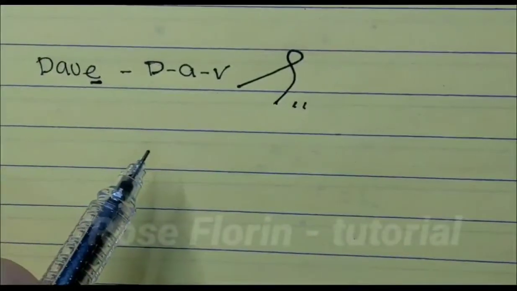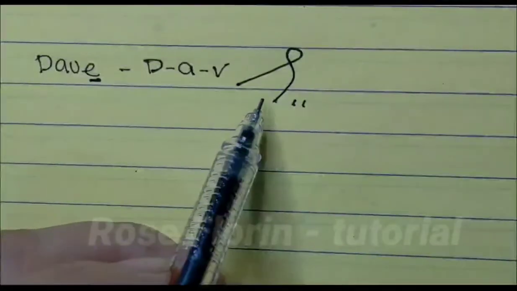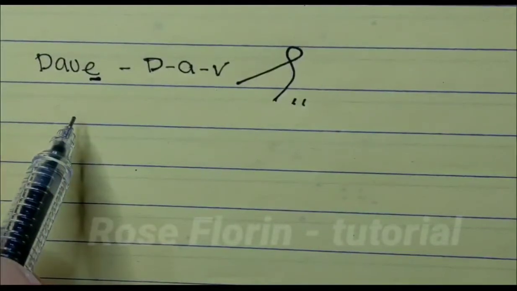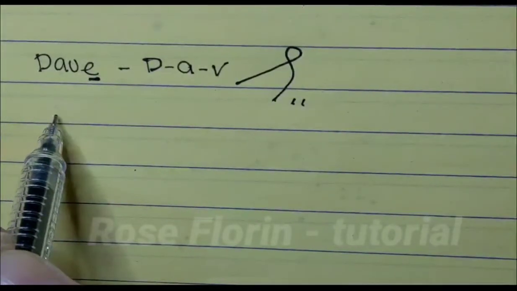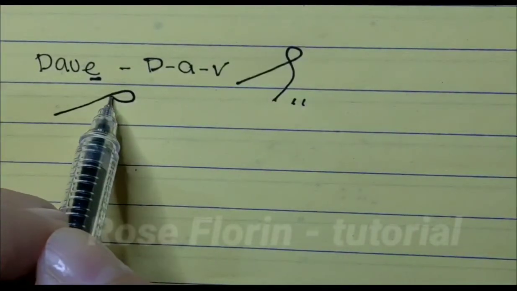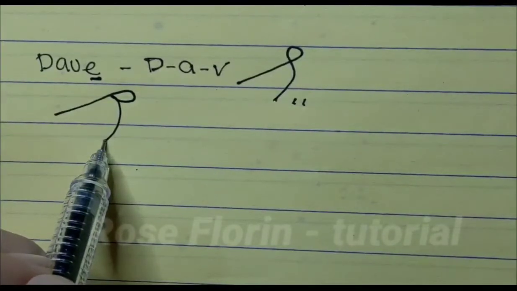Okay, somebody asking me na sila ay nalilito. Halimbawa, gagawa tayo ng stroke na Dave na papasok ang letter A. D, A, V. So, diba, mas mahirap siyang isulat.